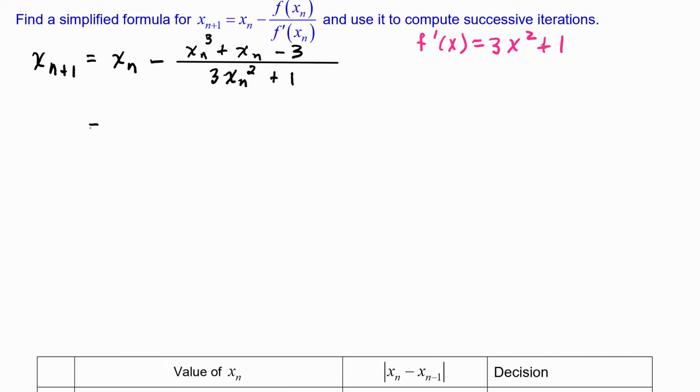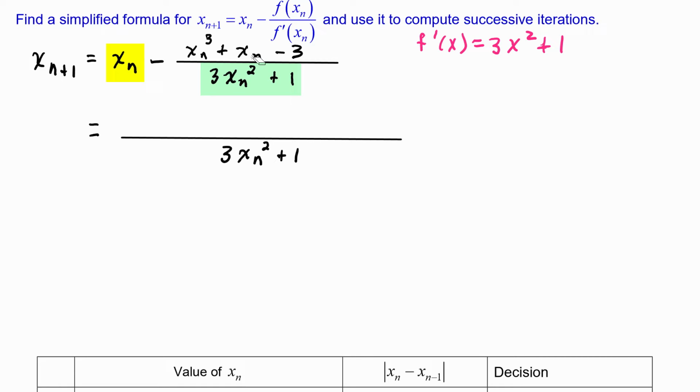We would need to get a common denominator, and of course that denominator is going to be 3x_n squared plus 1. Now we would have to multiply x_n by 1 in the form of 3x_n squared plus 1 over itself.